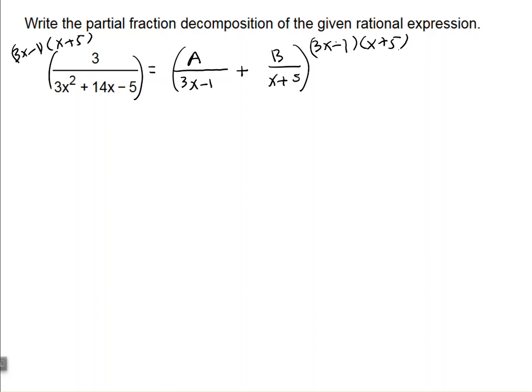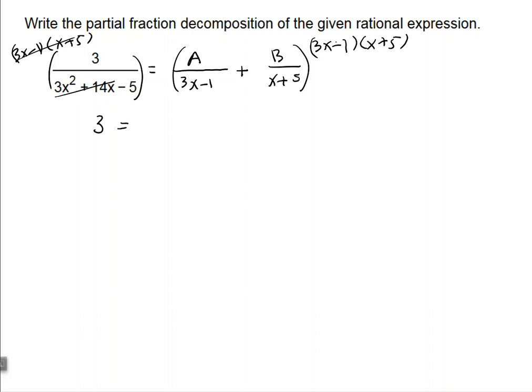And we know that the 3x minus 1 times the x plus 5 is the same thing as 3x squared plus 14x minus 5. Therefore, on the right-hand side of my equal sign, I'm left with 3, because this would cancel with those.